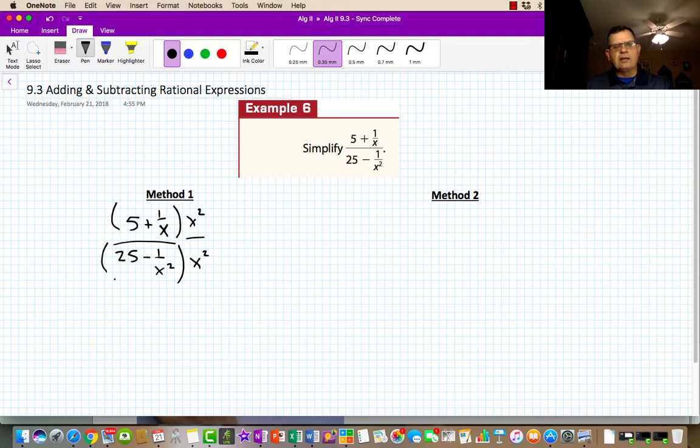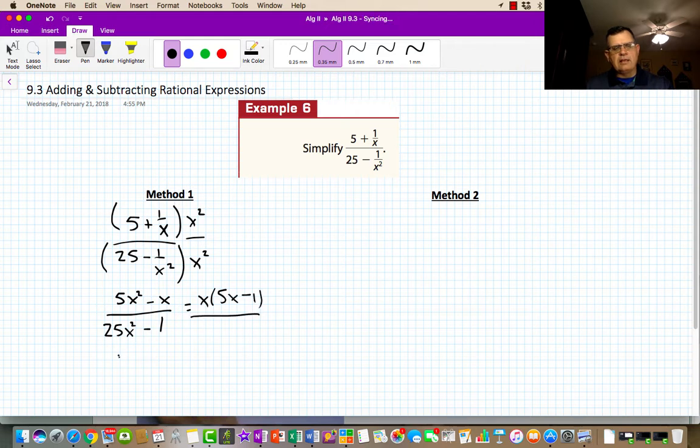When I distribute that, I get 5x squared minus x squared over x is just x. And then down here I distribute 25x squared minus 1 over x squared times x squared is 1. Well, I can factor an x out of here up top. So that's x times 5x minus 1.